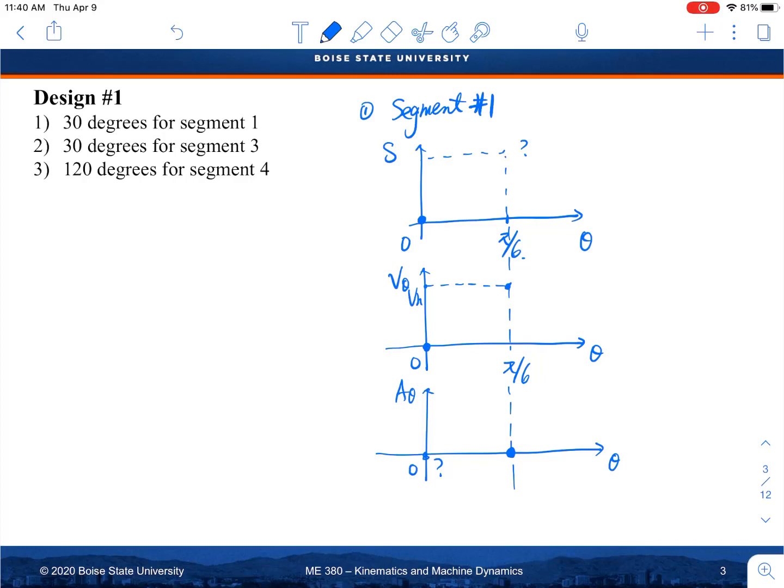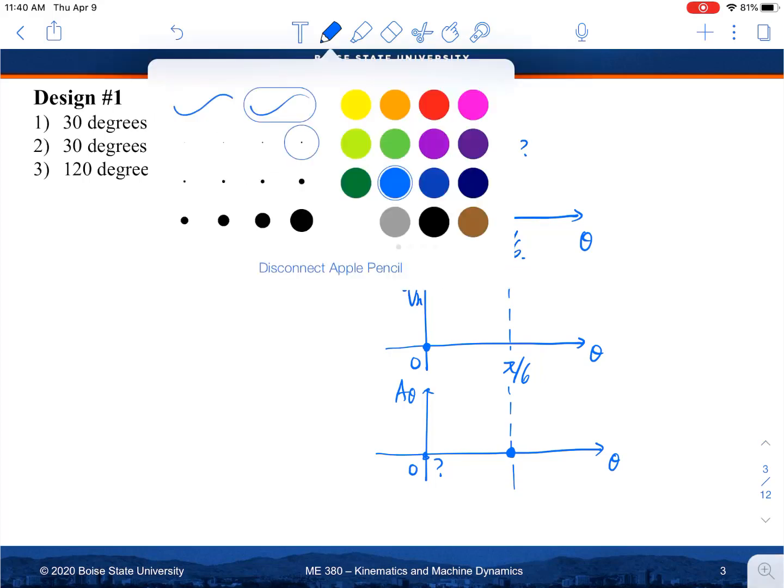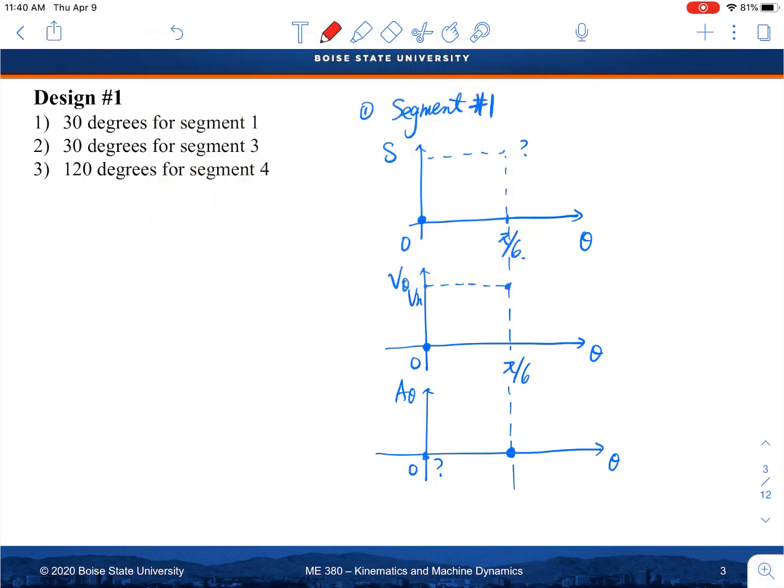So here for the CPM, we're going to use the polynomial method again. So the first thing we need to figure out is what's the maximum order of this polynomial. So we need to find out how many boundary conditions are already defined. I'm going to use a red color. So this boundary is known. These 2 are known. This is known.